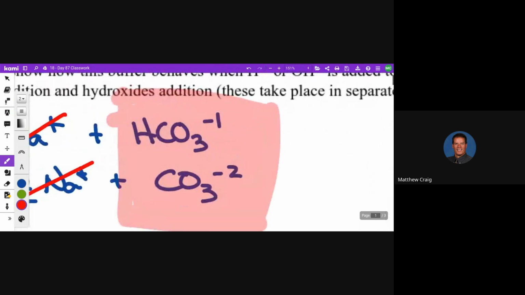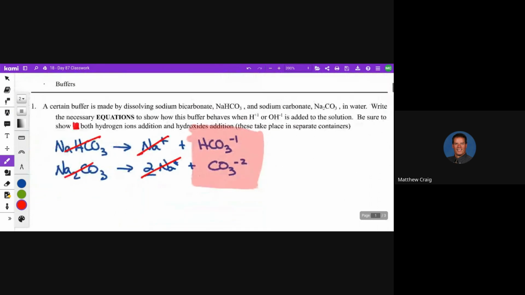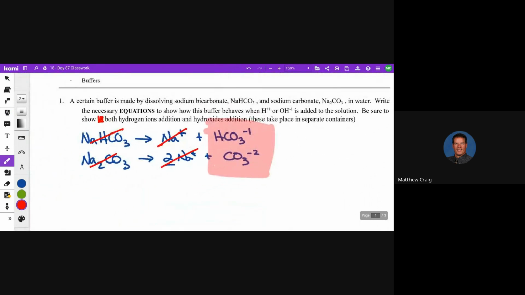And these two things right here are not a strong acid or a strong base. And so they may work out quite well as a good buffer, as long as we don't exceed the buffer capacity.